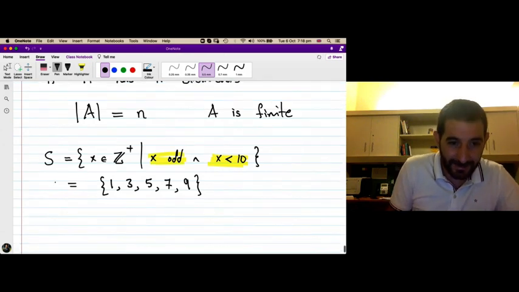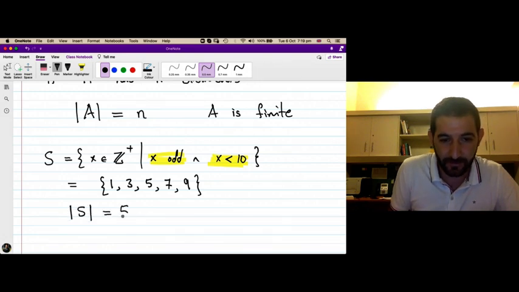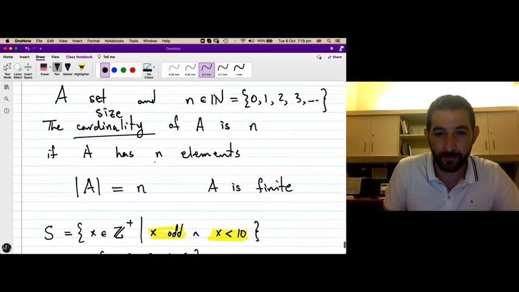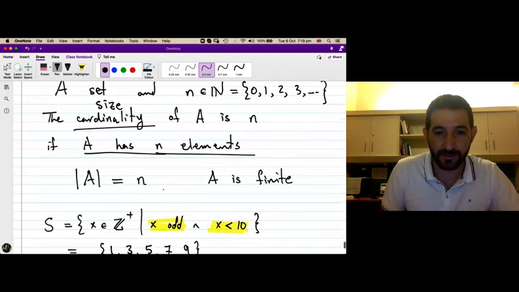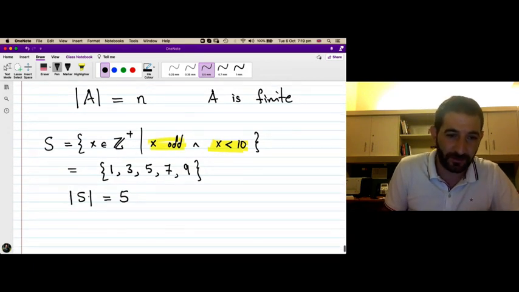Because S contains 1, 2, 3, 4, 5 elements, we say that the cardinality of S is 5. Remember, the cardinality is the number of elements in A. If A has exactly n elements, we say n is the cardinality of A. So S has 5 elements, and the cardinality of S is 5.